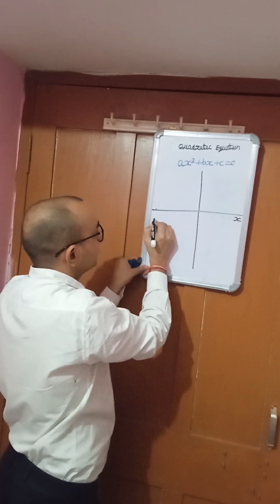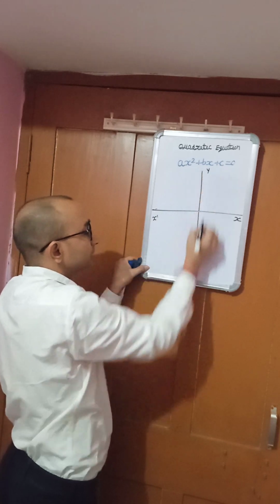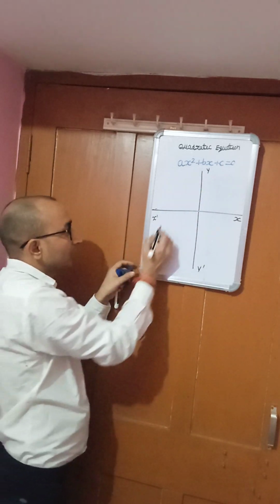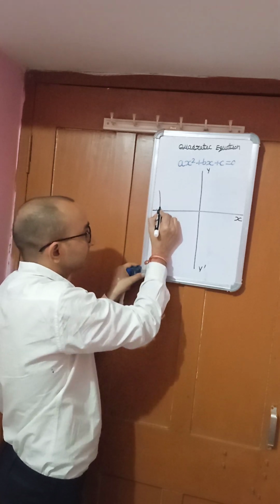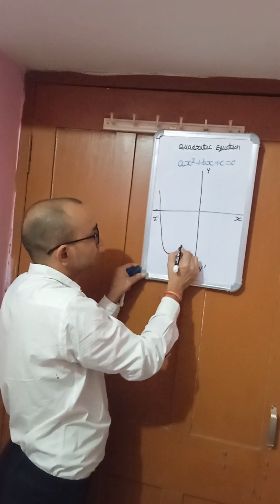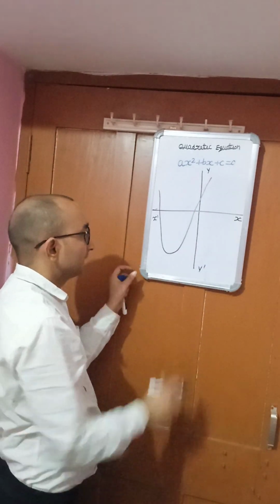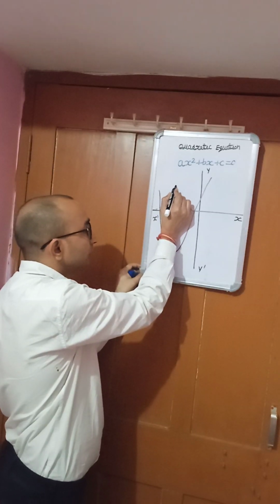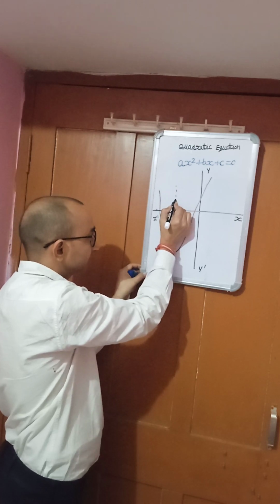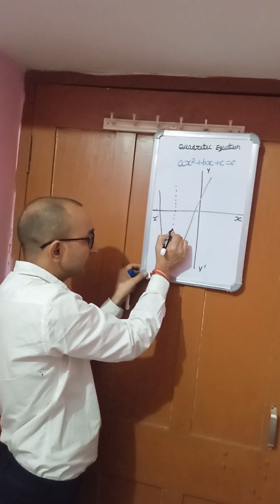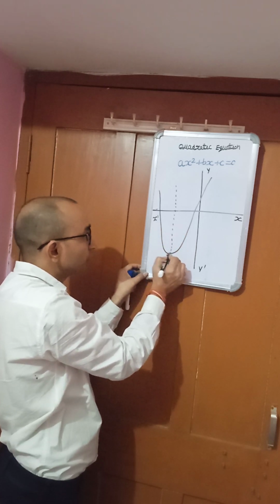For finding the sign of b, before that I want to explain one concept here. This is x dash, this is y dash, negative axis. Okay, so draw one parabola here and draw the axis of symmetry. Axis of symmetry is a line which divides the given parabola into two equal parts.